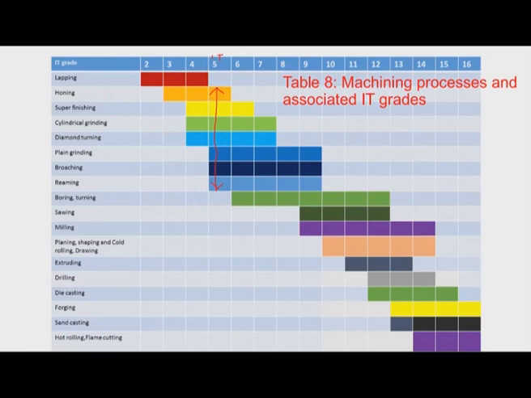If we say IT10, then these are the machining processes we can select to get the tolerance value specified by IT10. Processes like boring, sawing, milling, etc. we have to select. That means when the designer specifies a particular IT grade, immediately we can use this table and find the appropriate machining operation.